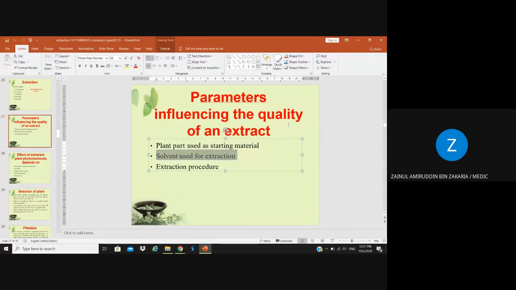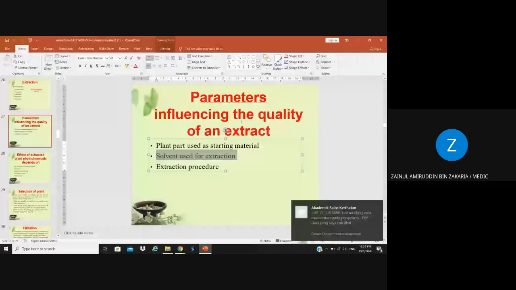I give an example again, diabetes. But the nature of the bioactive compound that produces the anti-diabetic action is actually non-polar. So if you do extraction using water, then you will not get an extract that produces a good quality anti-diabetic effect.